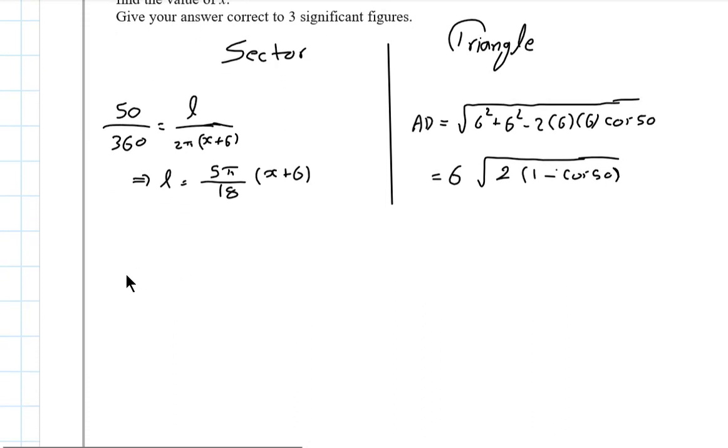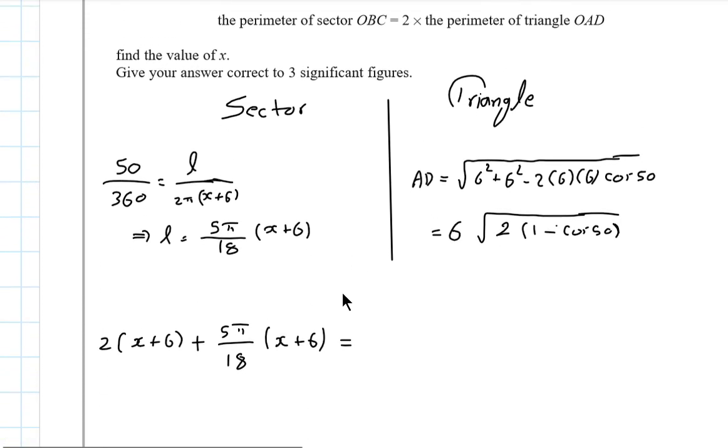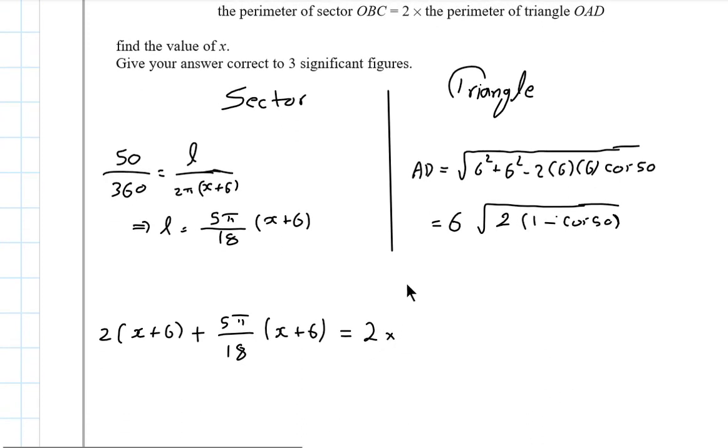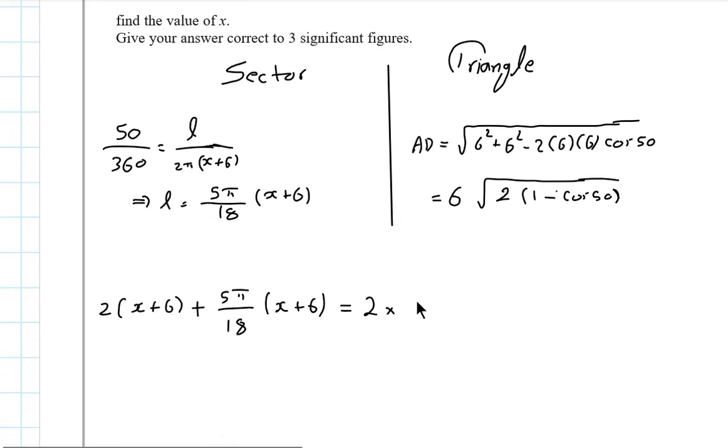The perimeter of sector OBC will be 2 times x plus 6, and then plus the length of the arc, which is 5 pi over 18 times also x plus 6, equals, as the equation said, 2 times the perimeter of this triangle, which will be 6 plus 6, which is 12, 2 times 12 plus the length AD.